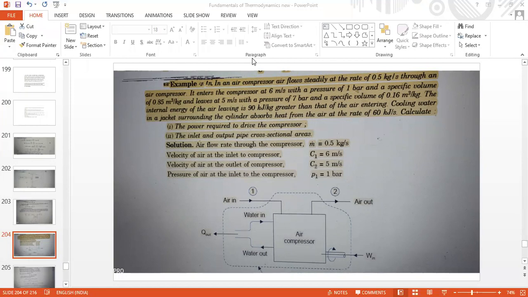Number 70 is absent. Number 24. I am asking you a question. A compressor is a work consuming device or a work producing device?